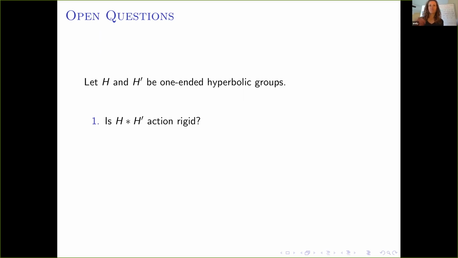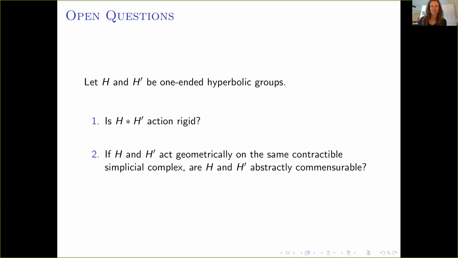We don't know. And the second related question asks: if you have 2 one-ended hyperbolic groups that act geometrically on the same simplicial complex, are the groups H and H prime abstractly commensurable?